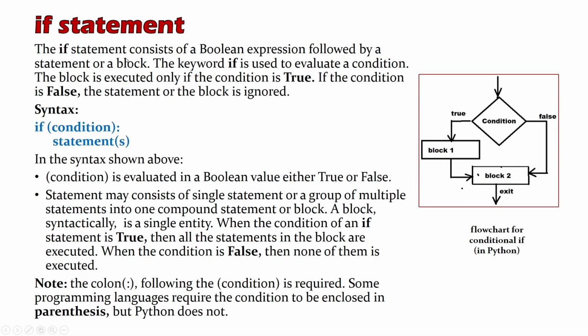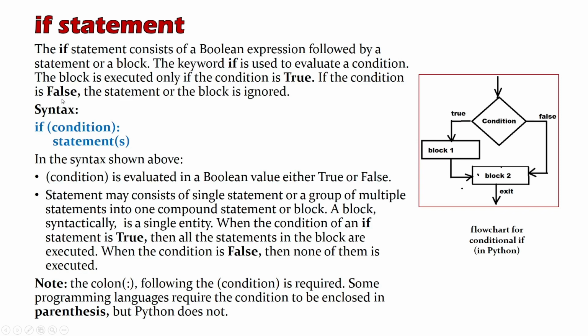Now the if statement. The if statement consists of a Boolean expression followed by a statement or a block. Boolean expression, either true or false. The keyword if is used to evaluate a condition. The block is executed only if the condition is true.